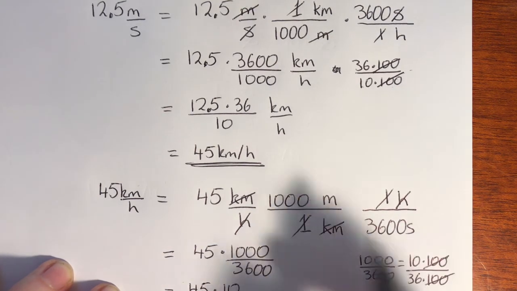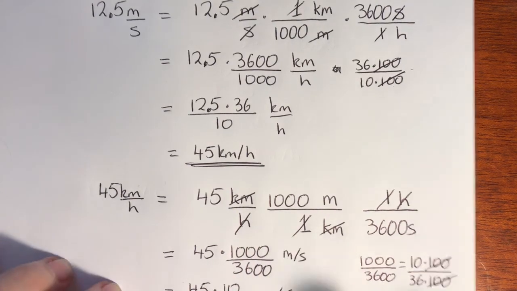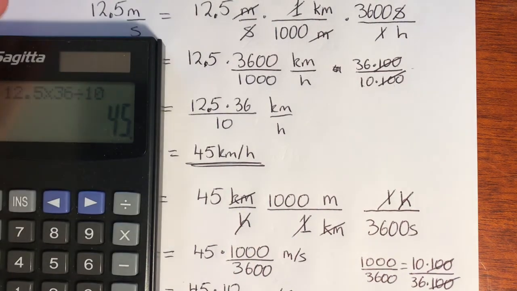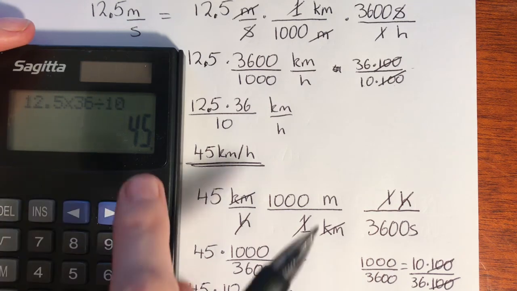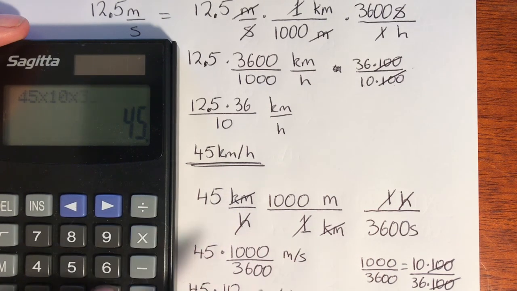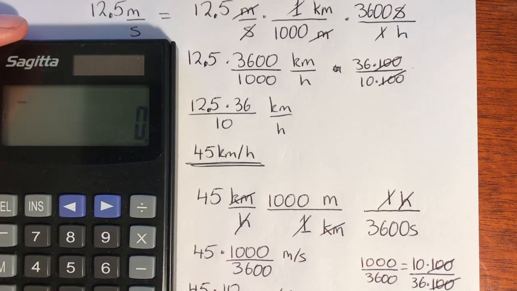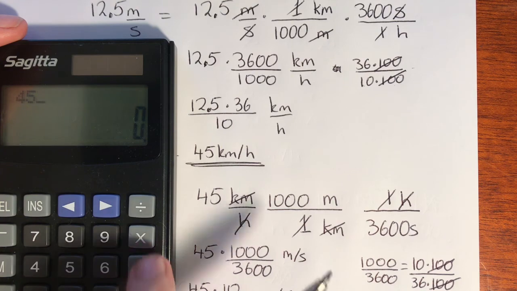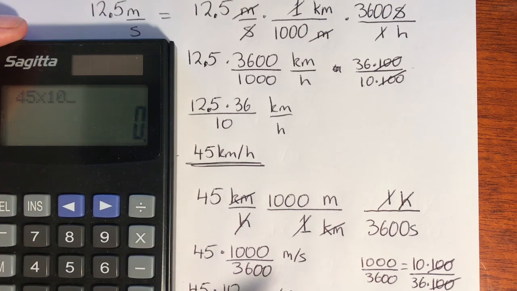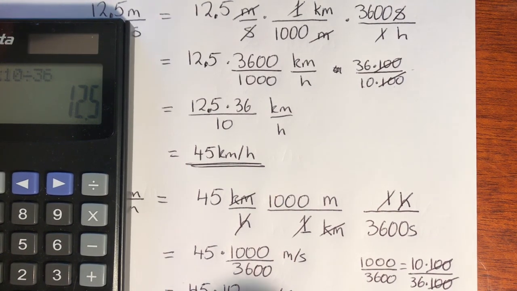And our new units are metres per second, which is what we wanted. We get 45 multiplied by 10 divided by 36 equals 12.5 metres per second.